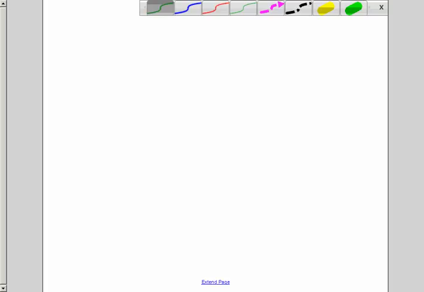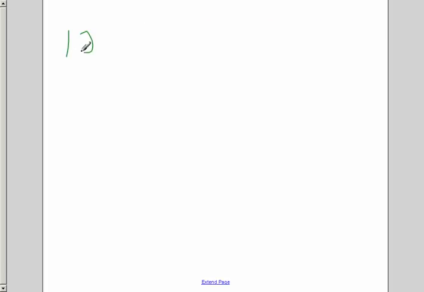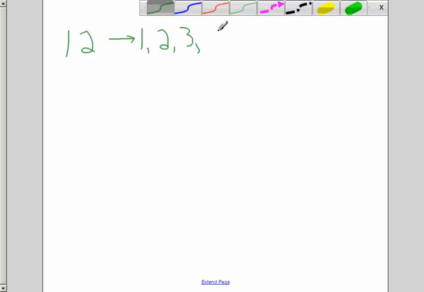If I have 12 counters, I can put them into a lot of different groups.